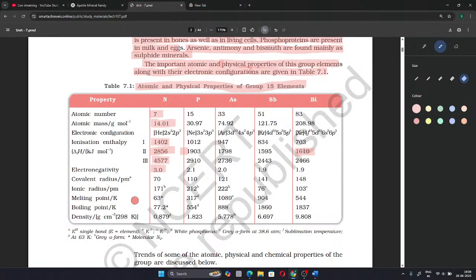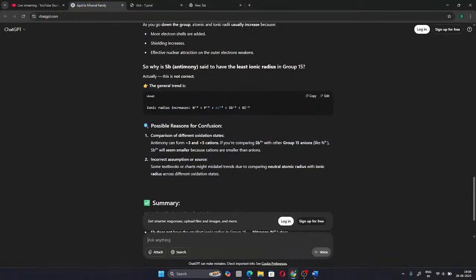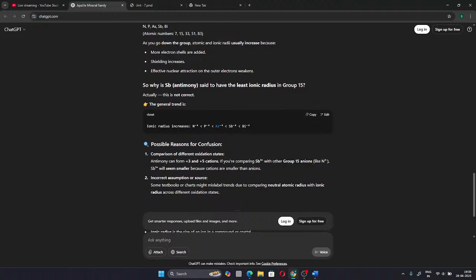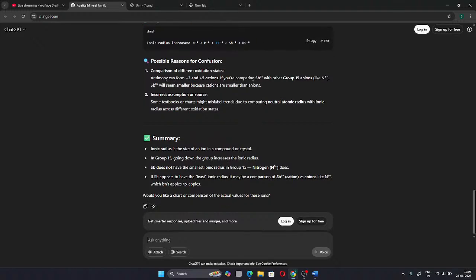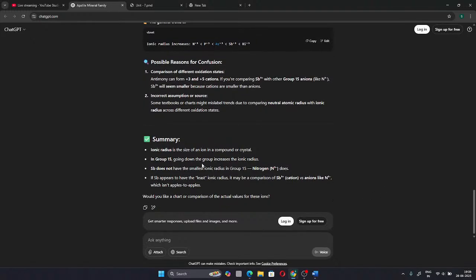But we saw that the atomic radius here, antimony has the least ionic radius. I did not get why antimony has the least, but basically ionic radius is the size of an ion in a compound or a crystal.